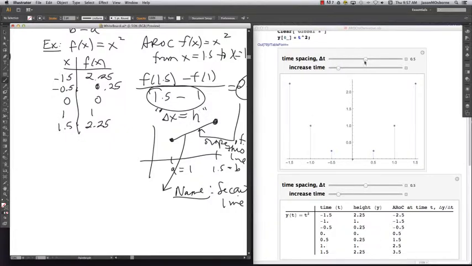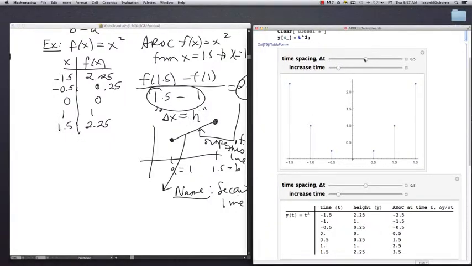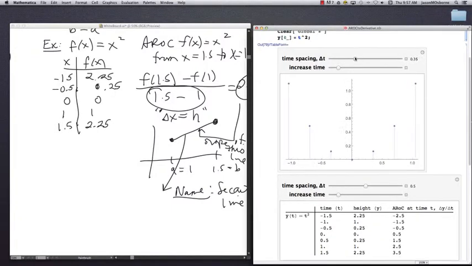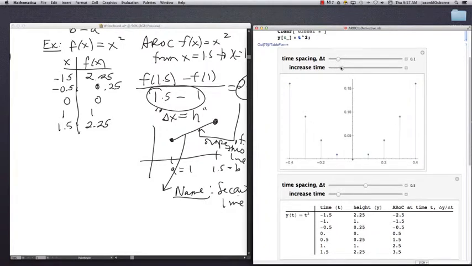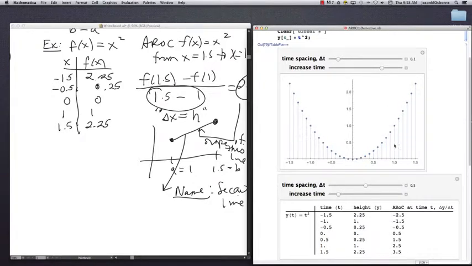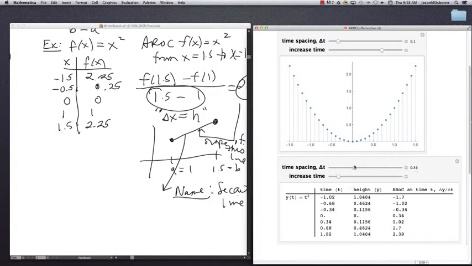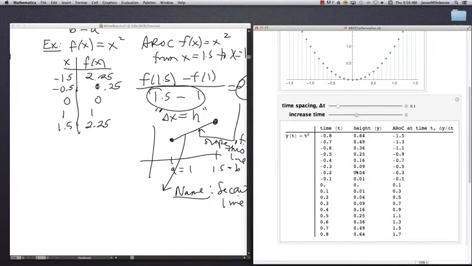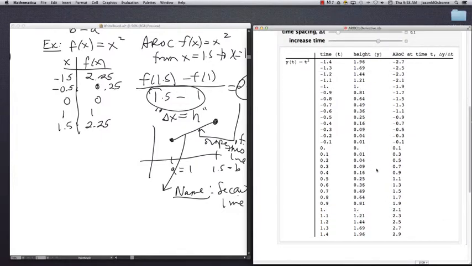We want to see what happens to this function if we make our spacing smaller and smaller. So if we make it 0.1, I've decreased the spacing and increased the plot range.